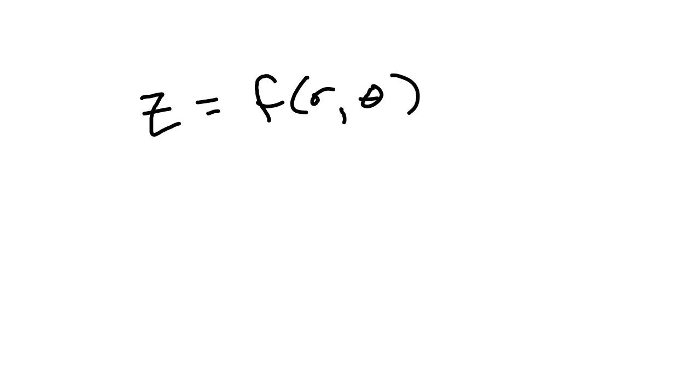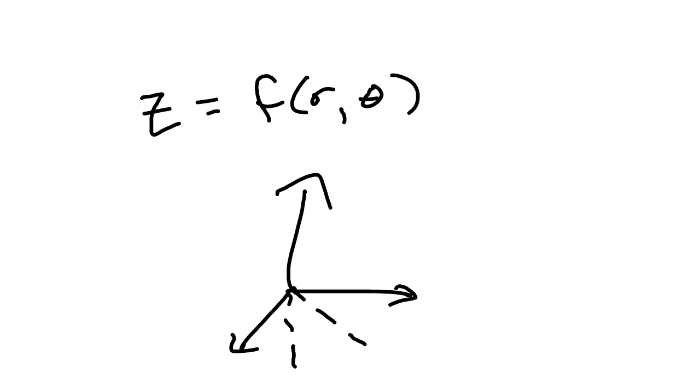But let's just go. I'm going to switch my color, but if I have z being my height as f of r, theta, okay, so I got 3 dimensions now. Once again, what did we have? We had kind of coming out here like this, and then we had r equals A, r equals B, going from A to B. This is in quadrant 1, so everything's positive, or octant 1.